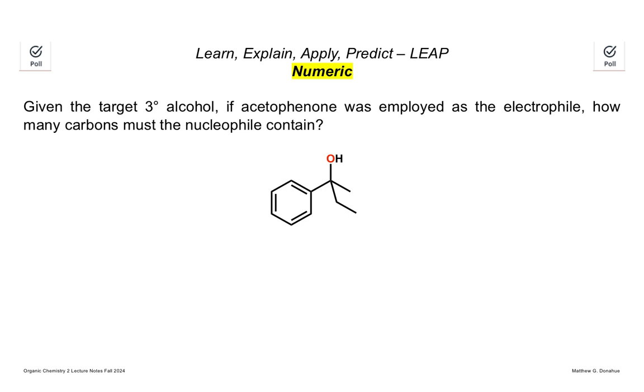Now flipping it a little bit, it says if acetophenone, which is basically methyl phenyl ketone, is your electrophile, how many carbons must the nucleophile contain?